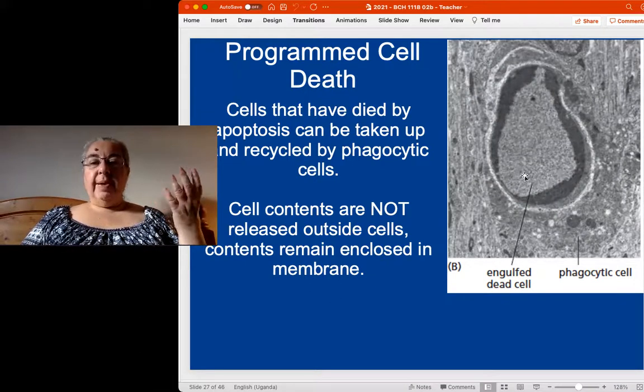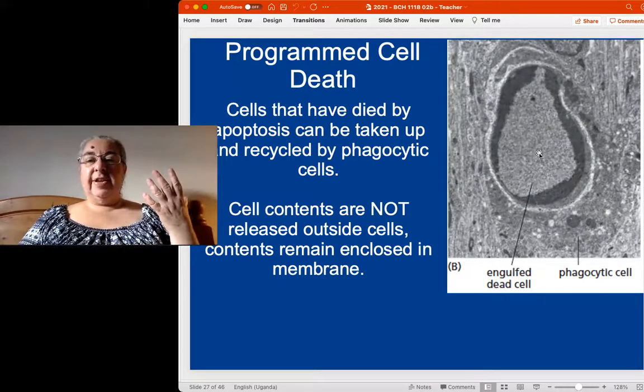So all the material inside this cell, all the amino acids that made up its proteins, all the nucleic acids that made up its genetic material, all its carbohydrates, all its lipids, can be broken down and recycled, reused.